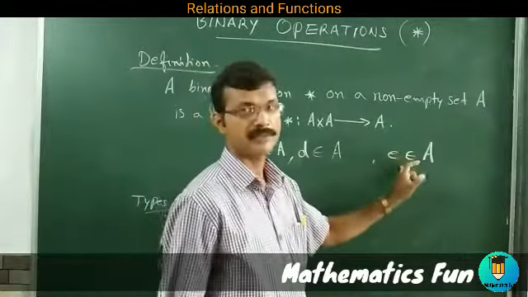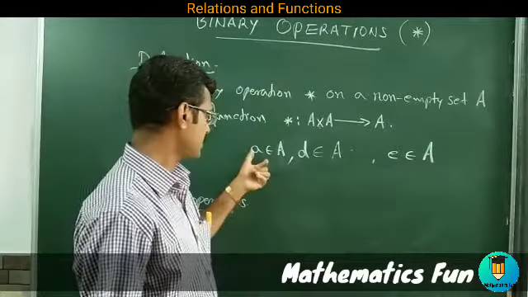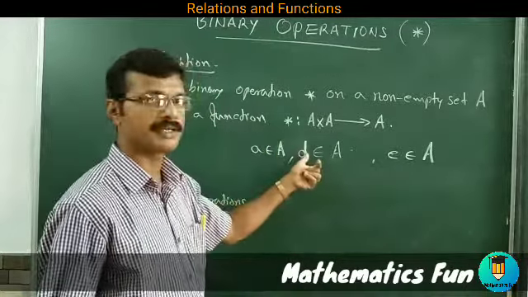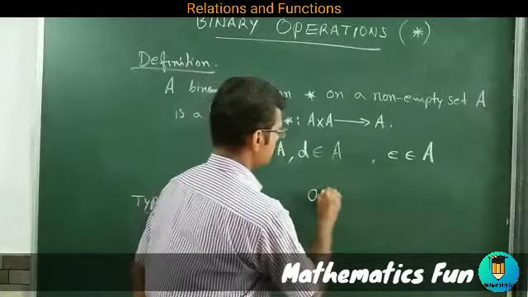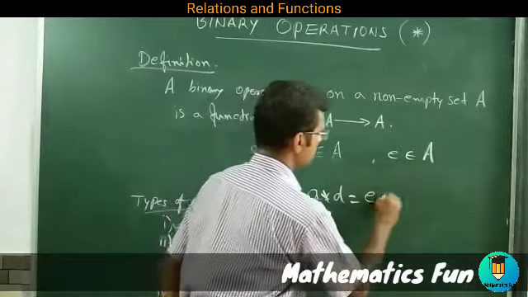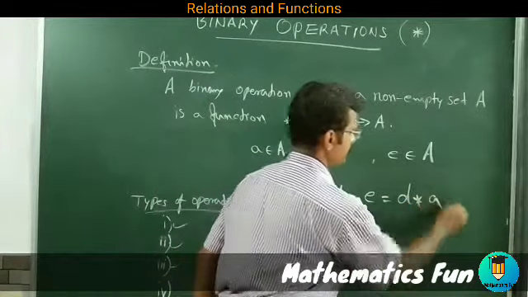Remember that e is the identity element, d is the element I have taken, and a is another element belonging to A. Then corresponding to a, there will be an element d such that A star D is equal to e is equal to D star A.